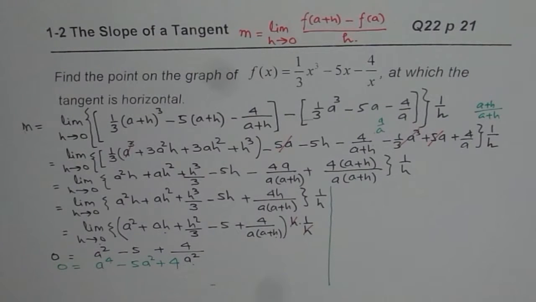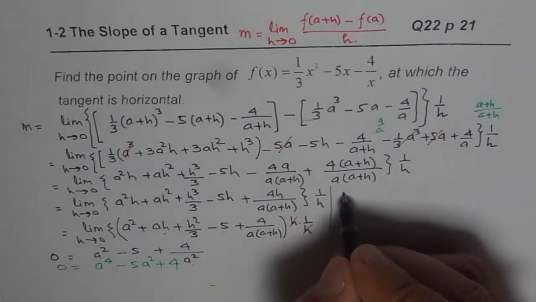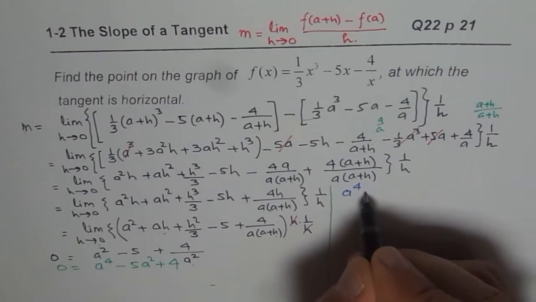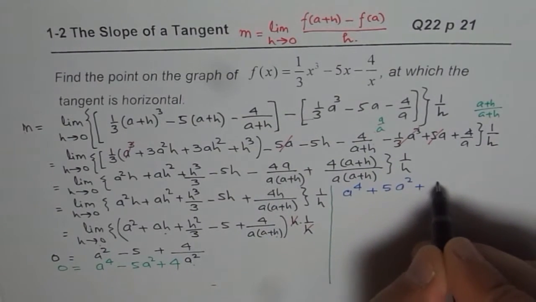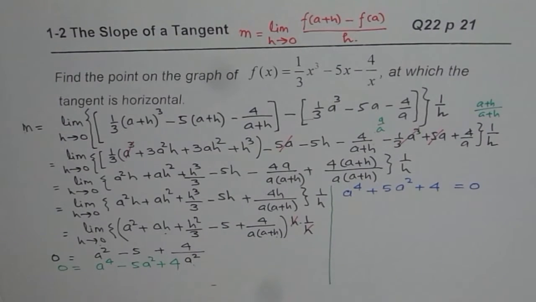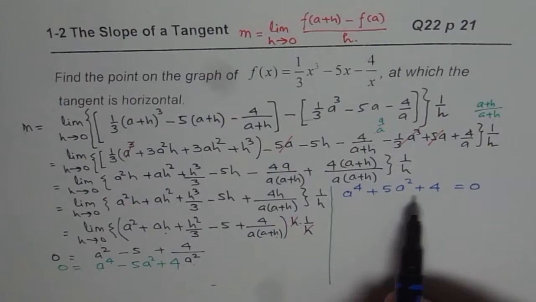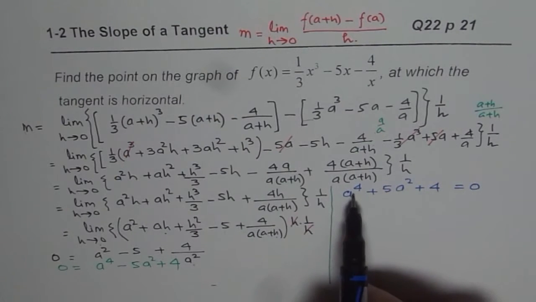So we'll solve this particular equation: a to the power of 4 minus 5a square plus 4 equals 0. I wrote it wrong, it's minus, yeah. Now this could be thought about as a quadratic equation in a square.